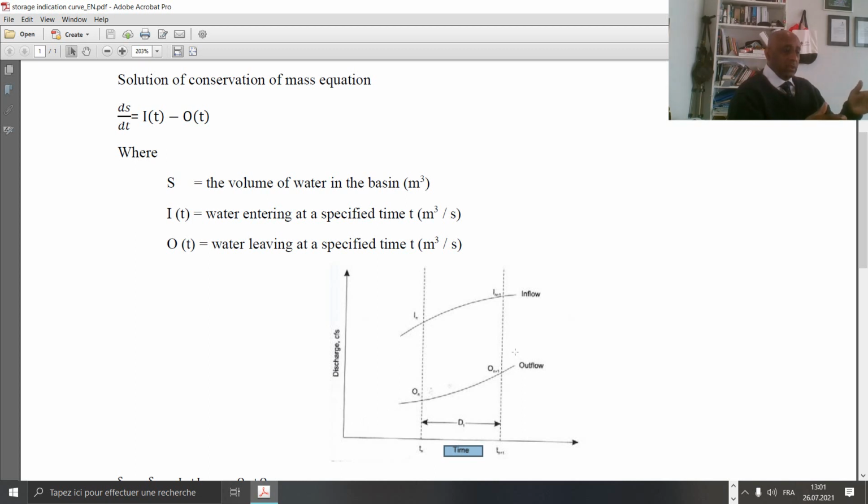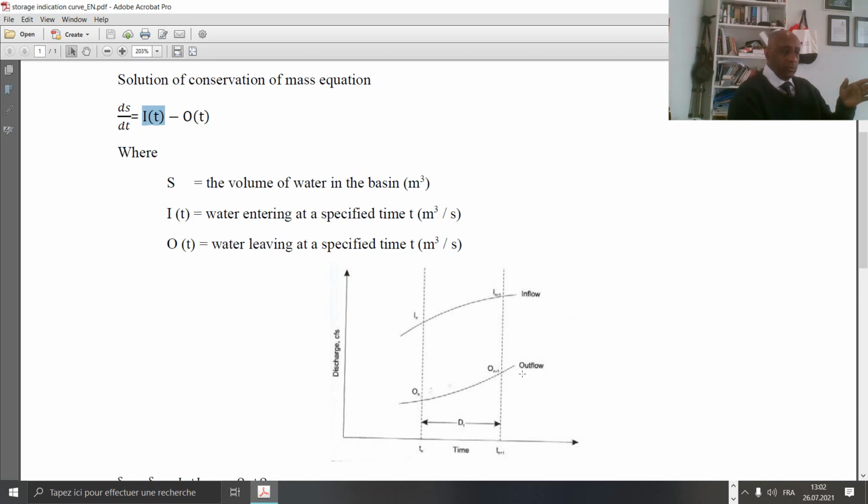Then we can take a time period and a change in time, and we can calculate the average inflow and the average outflow, and replace it in this equation. For example, this is the inflow. We can simply take the sum of these two divided by 2, which is the average, and replace it here.